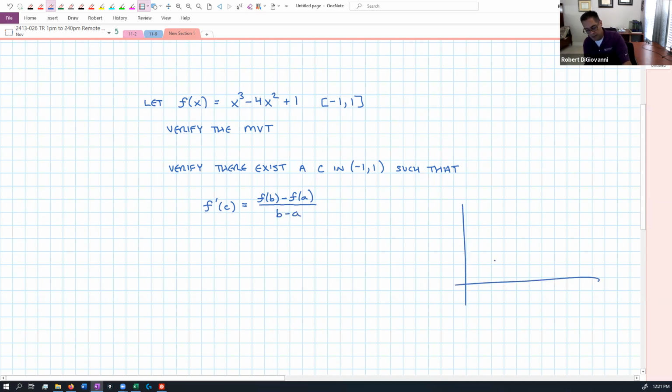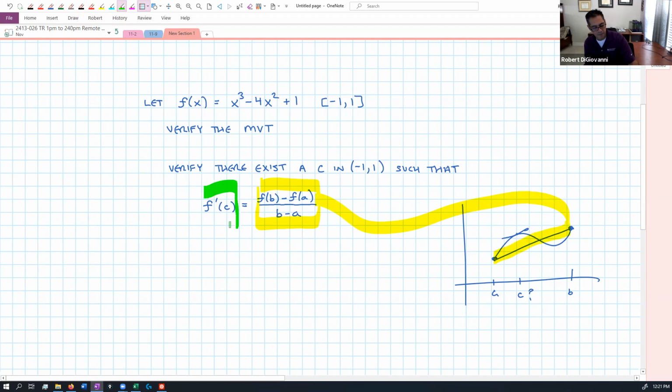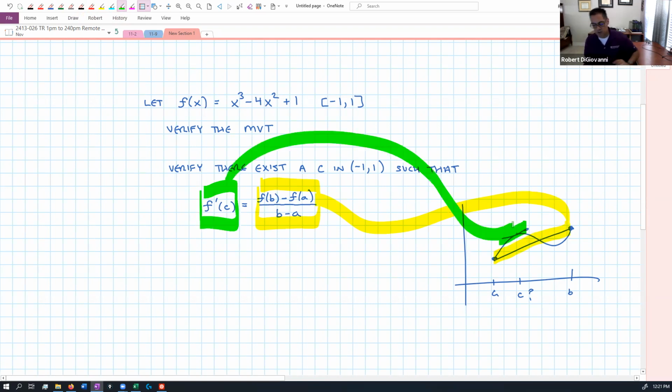So we've got some graph, A, B, okay, and we need to show that there's some point C in here where the slope of this line will be equal to the slope of that line. This in here is the slope of this line, and this left side is the slope of our tangent line. That's what we're going to try and do.